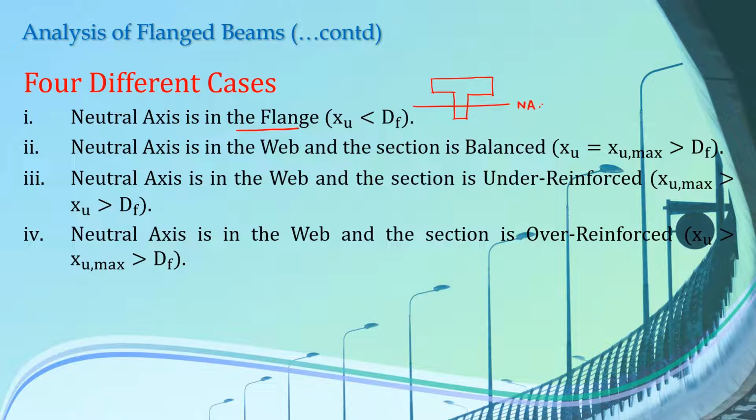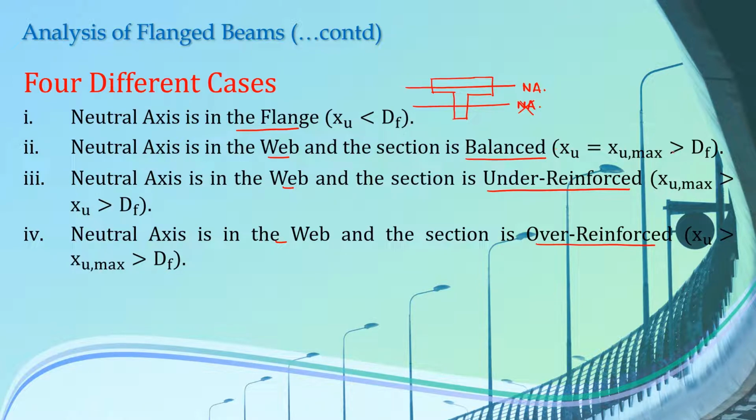The second case is the neutral axis is in the web, so your neutral axis will be here, not here. And the remaining 3 cases are where the neutral axis is in the web, but the second case is the section is balanced. The third case is the section is under reinforced, and the last case is where the section is over reinforced.